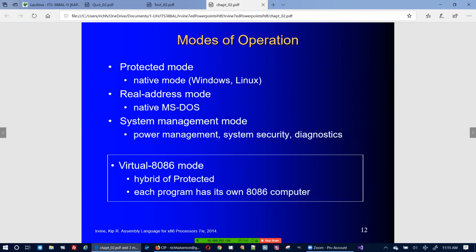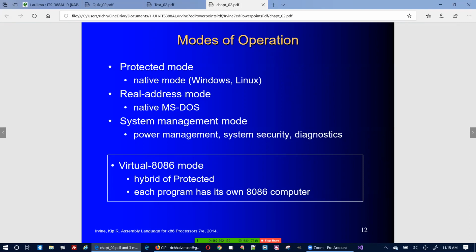There's protected mode, which we use. The processor enforces segmentation, and so there can be many programs in the memory, but each program is limited to accessing data within its own segment, and so that's protected mode.